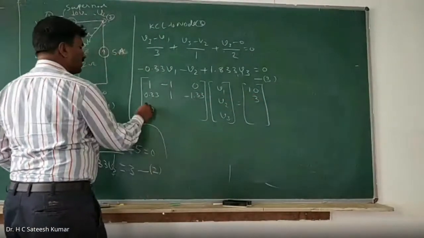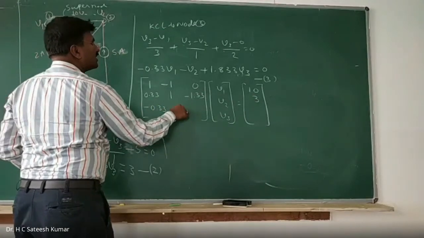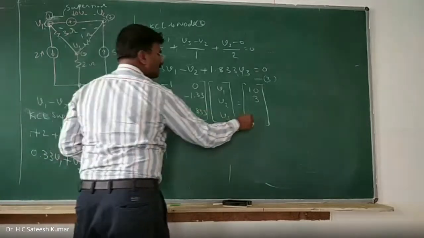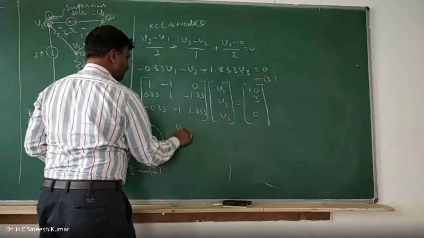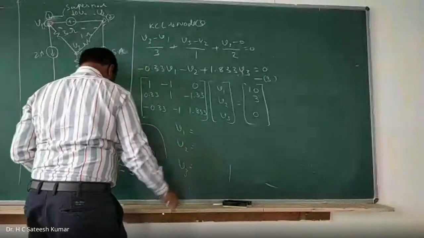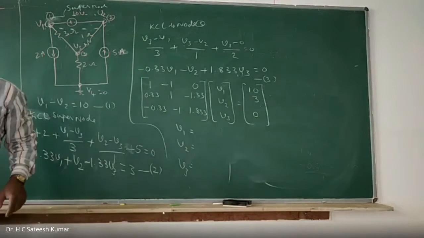And the third one, minus 0.33, minus 1, 1.833, 0. Tell me the values of V1, V2, V3.